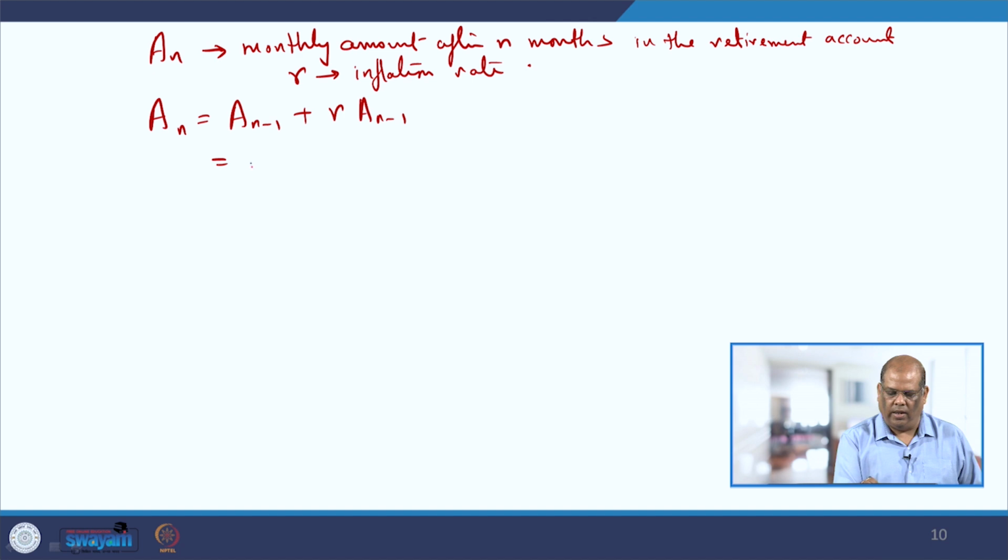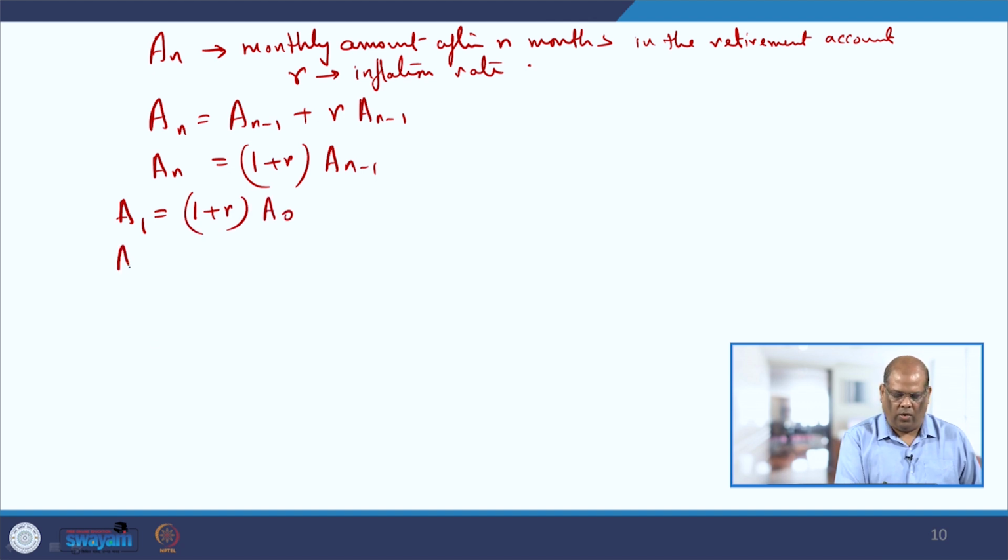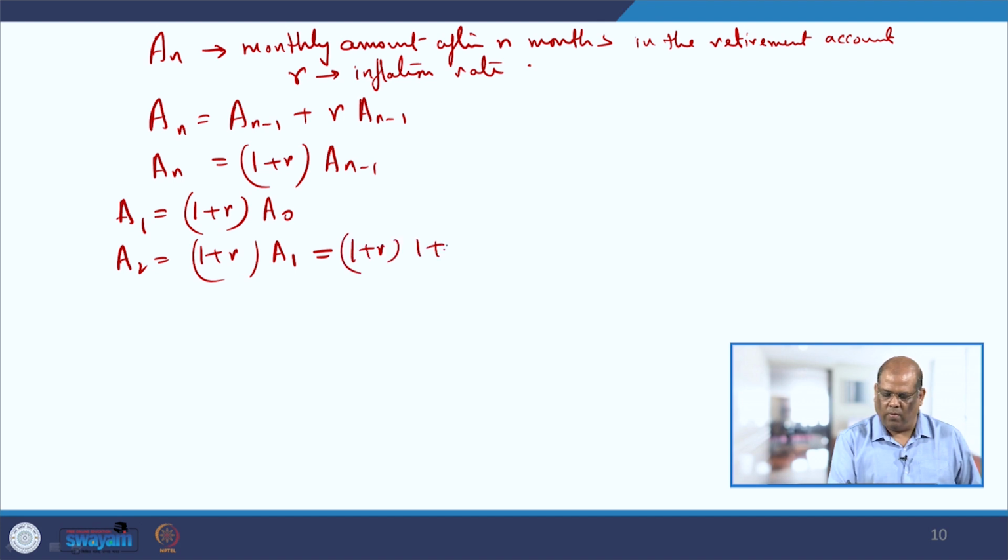I can write this as 1 plus R into AN minus 1. This is your AN. So, your A1 is 1 plus R into A0, your A2 is 1 plus R into A1, which I can write as 1 plus R into 1 plus R into A0.